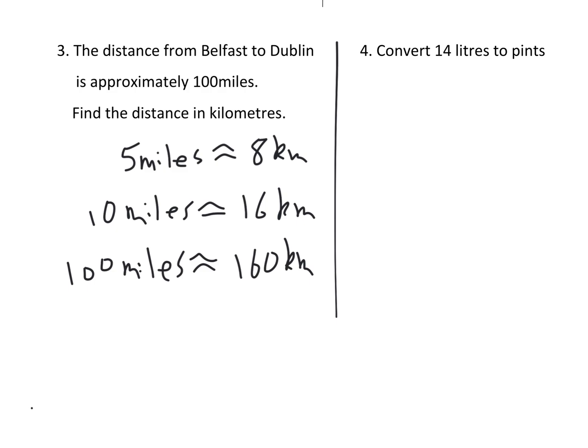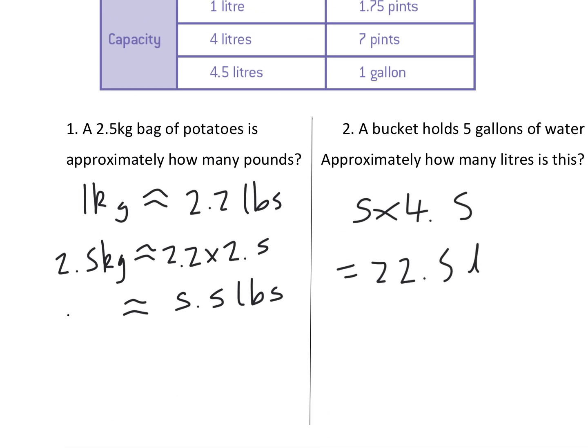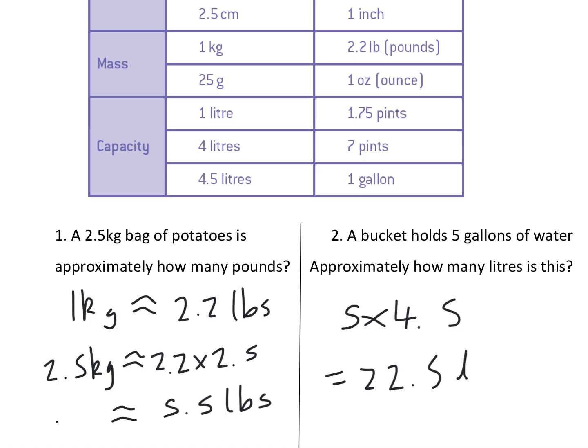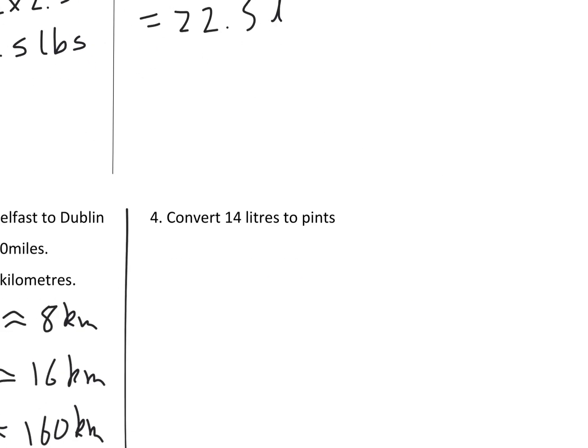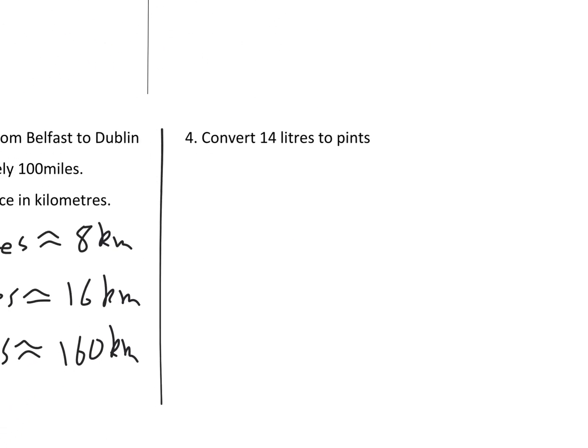In question 4, we've got to convert 14 litres to pints. So you wouldn't be expected to know litres to pints. So one way of converting litres to pints is that 4 litres is approximately 7 pints. Okay, so 4 litres is approximately equal to 7 pints. There are different ways you can do this. You could use a calculator.